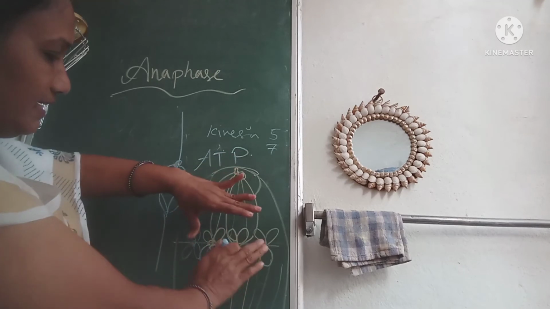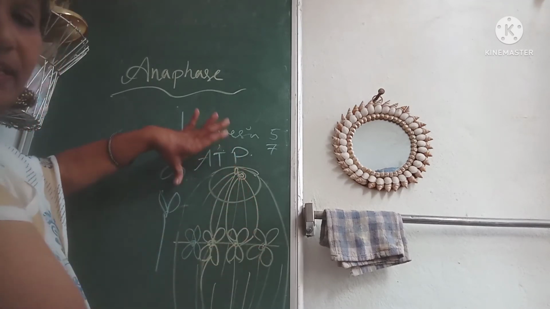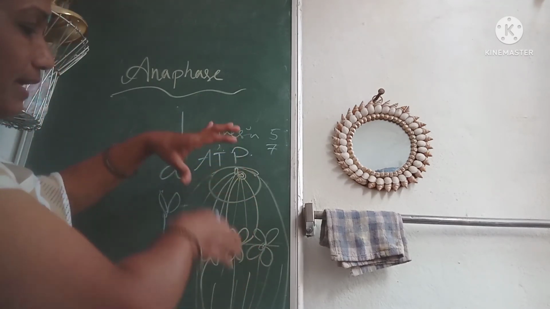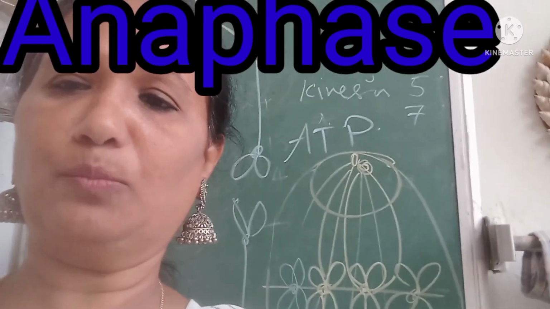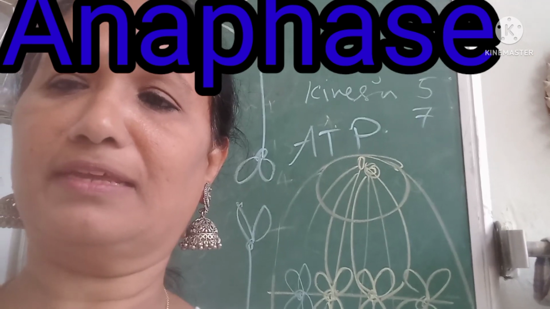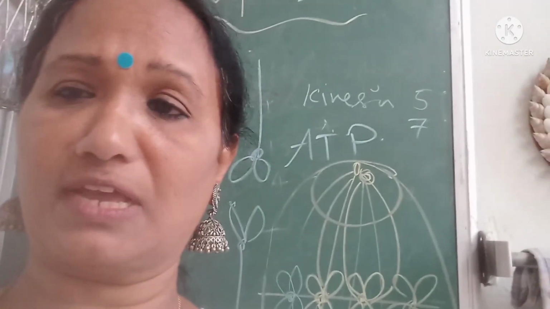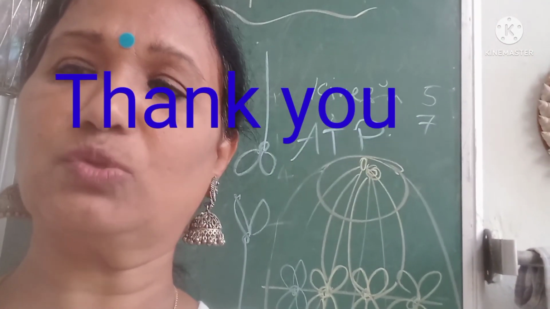They are stretching to either side equally. Then only is equal distribution of the chromosomes possible. After reaching the poles on either side, the decondensation of the chromosomes occurs, which begins the telophase.